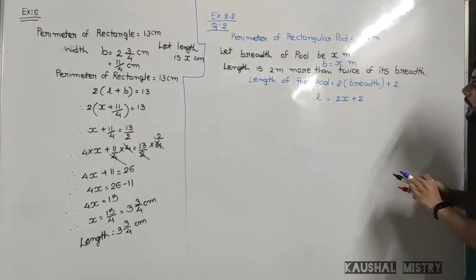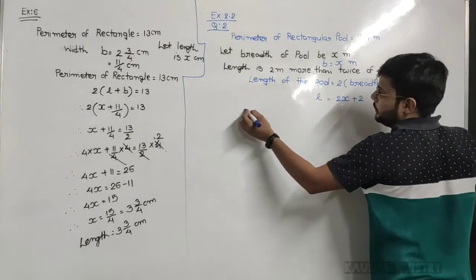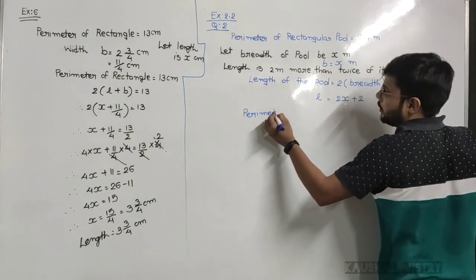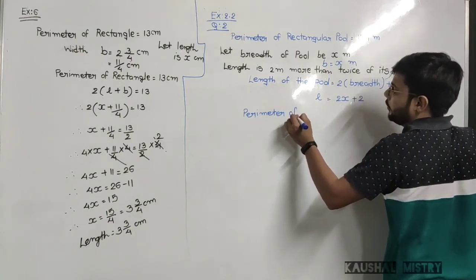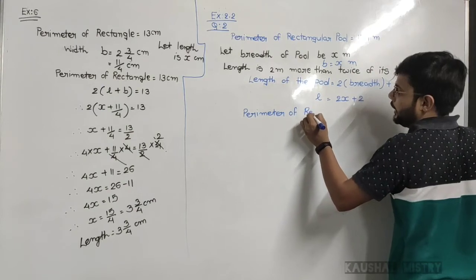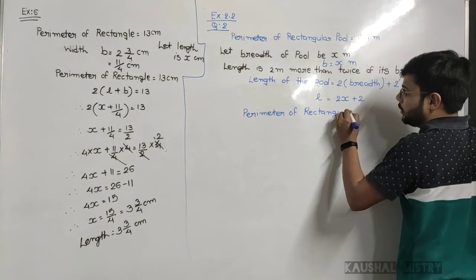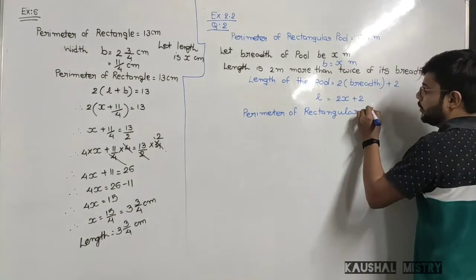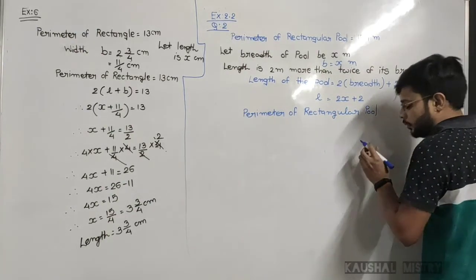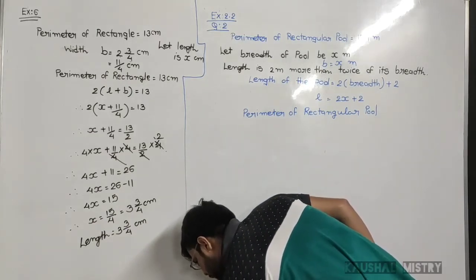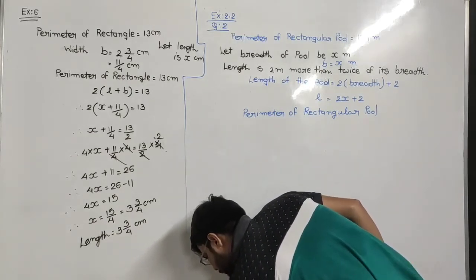Now here we can see that the perimeter of the pool is given. So the perimeter of the rectangular pool, that means swimming pool, what we have to find? Length and breadth.